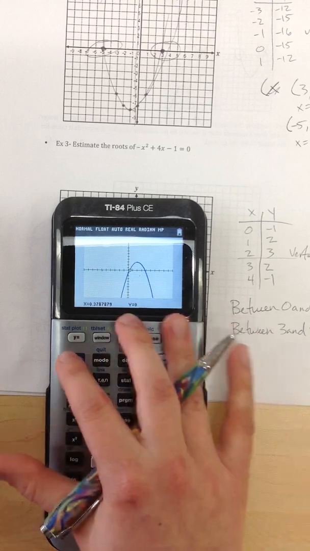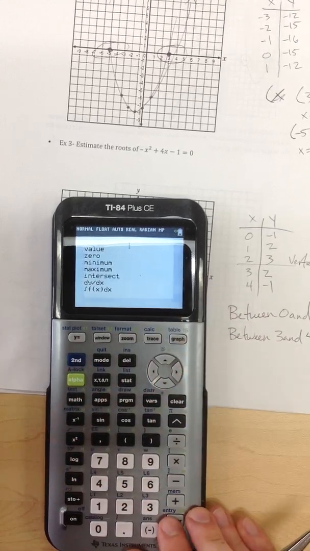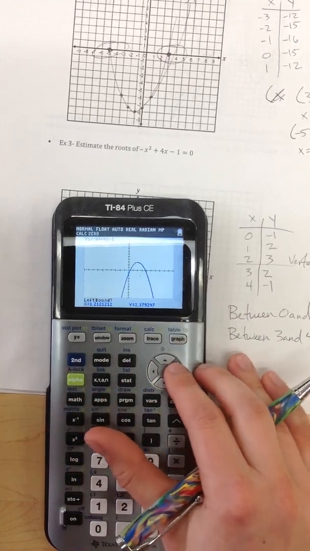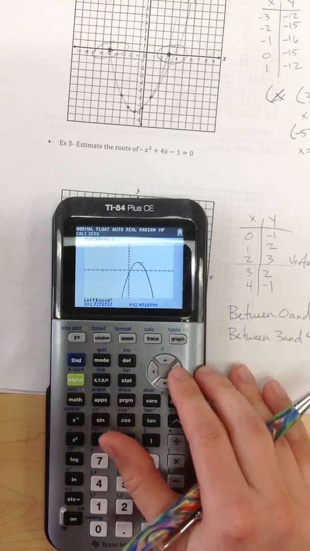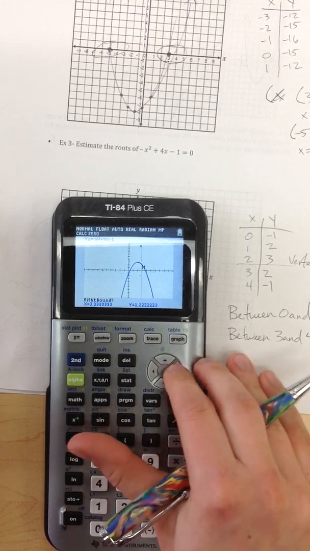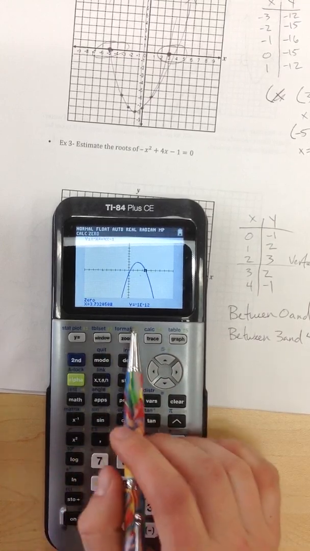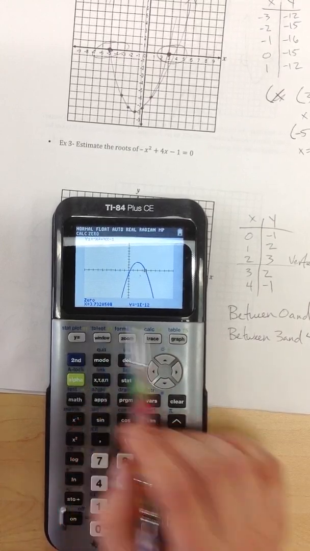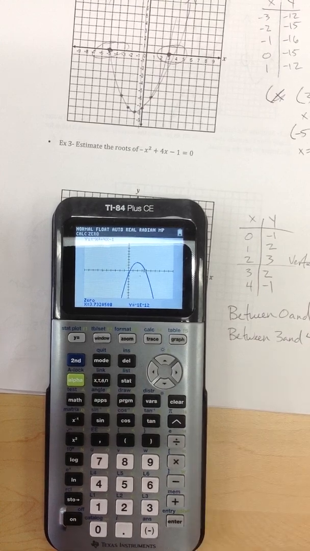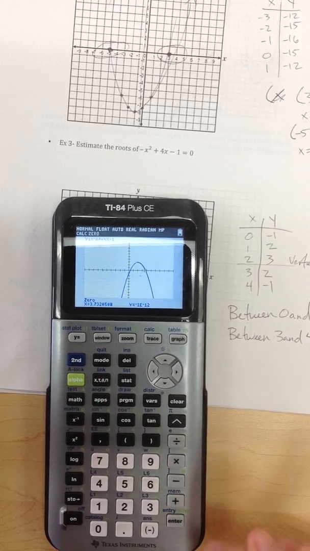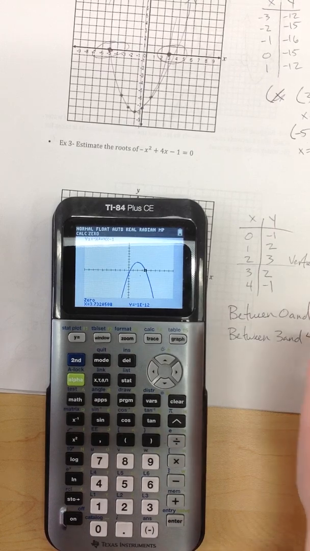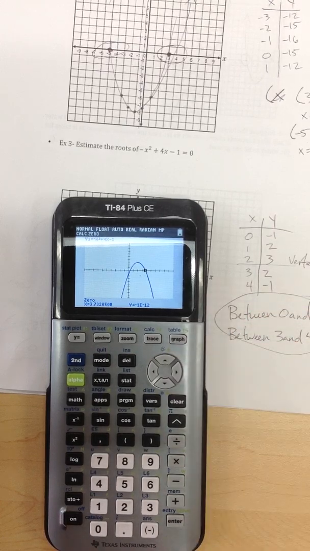Same thing if I use second trace down to 0, my left bound here would be above, my right bound would be below. If I click enter, this one here is at 3.7, which would be in between the 3 and the 4. So any way you go about that, you can find your answer. I don't really care which way you use, as long as you get something that looks like that for the answer.